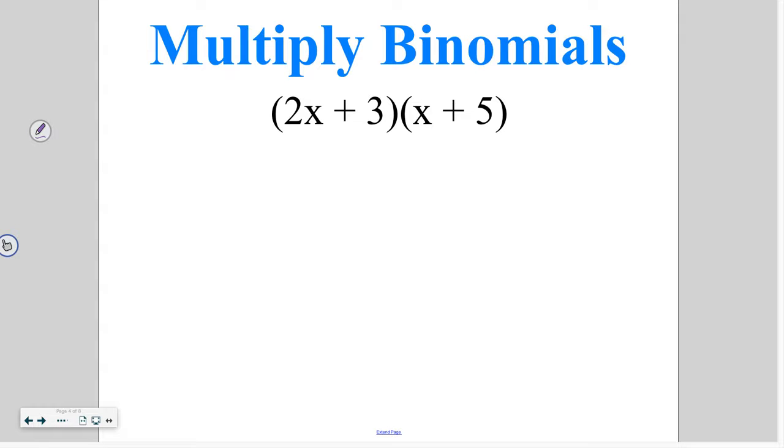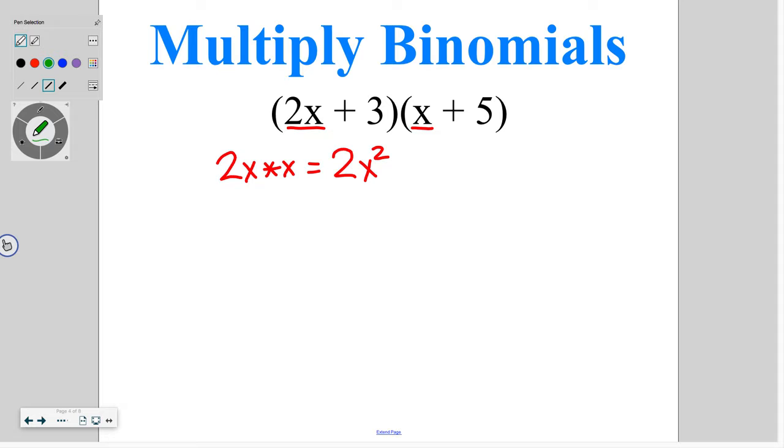So for example, I've got 2x plus 3 times x plus 5. So first, I'm going to look at my first terms, which is, excuse me, 2x and x. So when I multiply those, 2x times x, I'm going to get 2x squared.